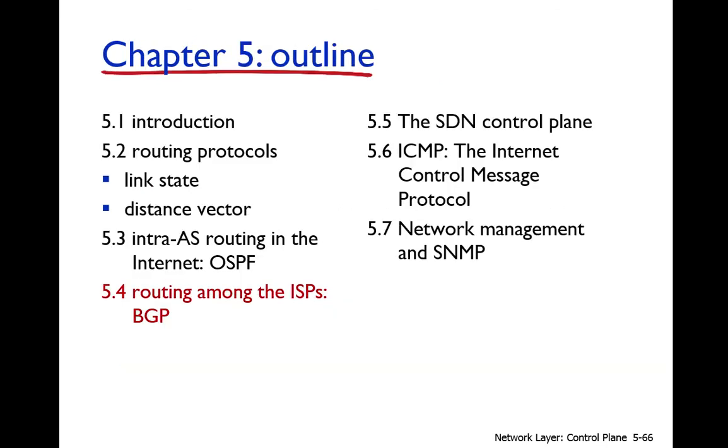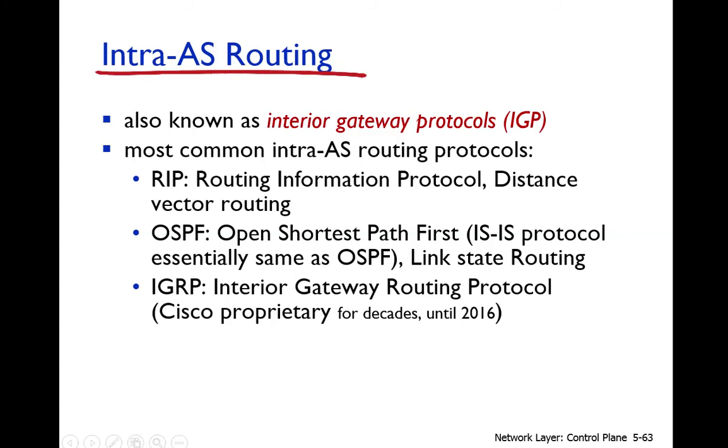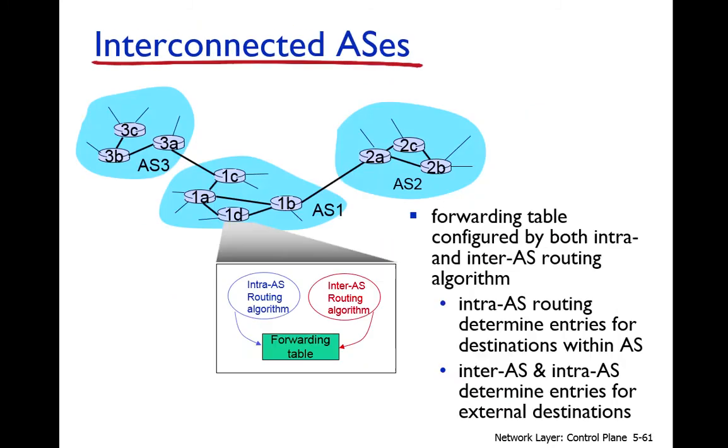Now we are going to discuss the inter-autonomous system routing protocol, and for this purpose we have BGP. As we know, when autonomous systems are introduced, we have two types of routing protocol. One is the intra-autonomous system routing algorithm, which can be link state or distance vector, such as OSPF or RIP, currently used.